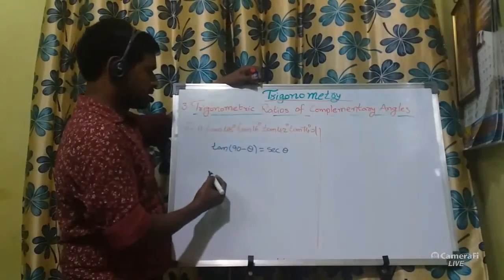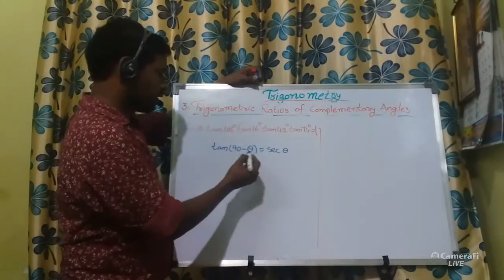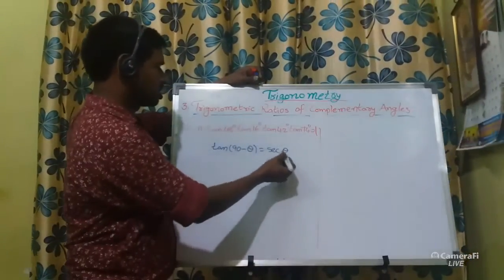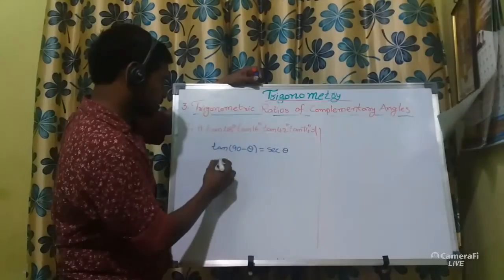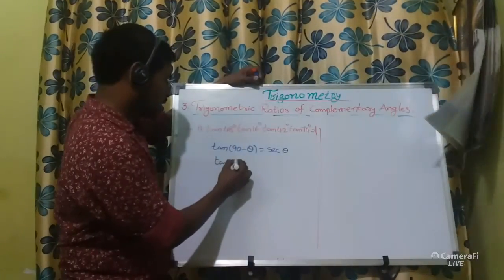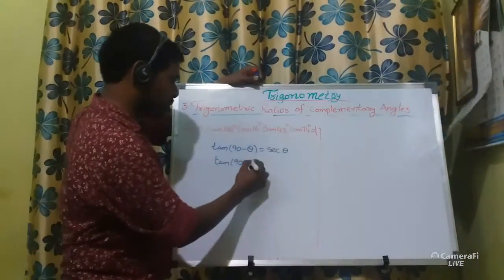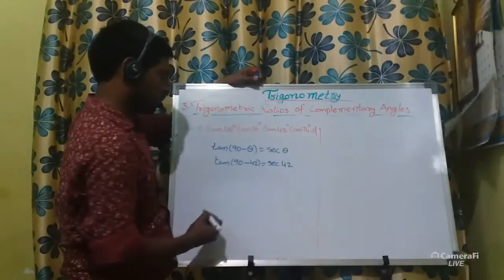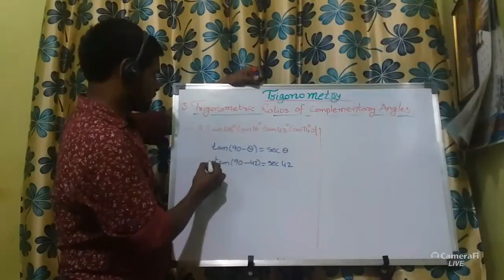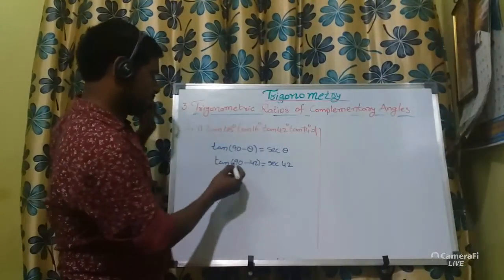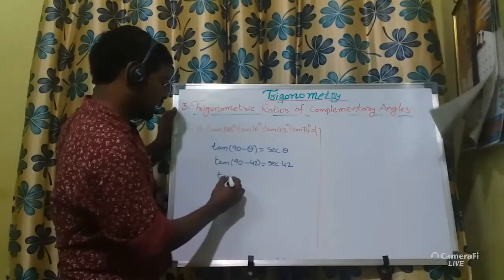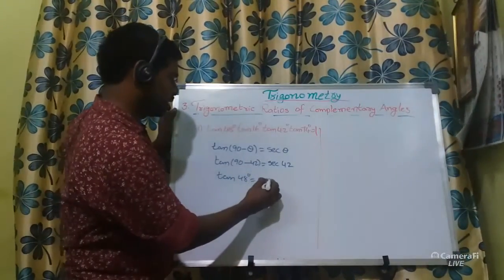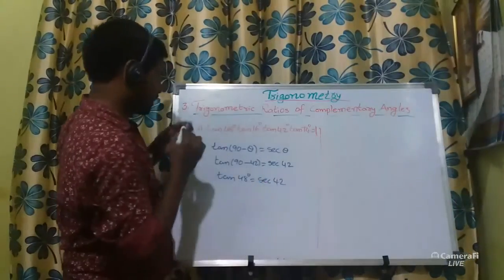Tan 48 degrees, how can you get it? We have to subtract, the same theta is like that. So tan 90 minus 42 is equal to cot 42. This is one of the equations. 90 minus 42 means tan 48 is equal to cot 42 degrees.